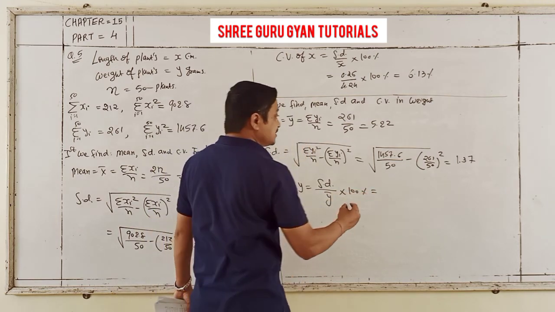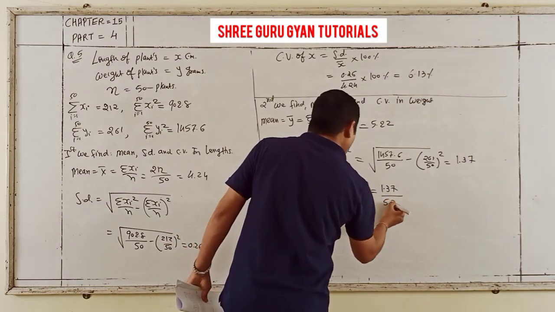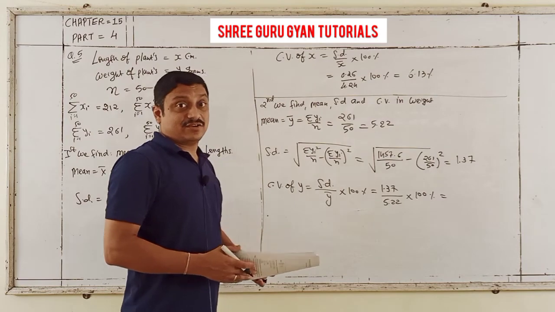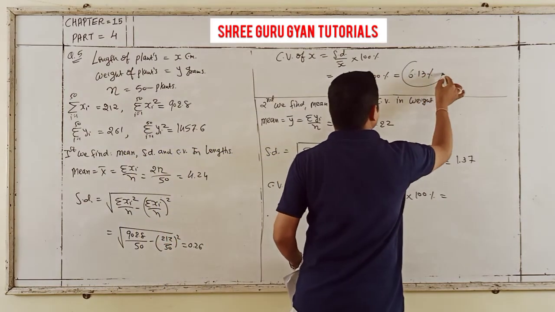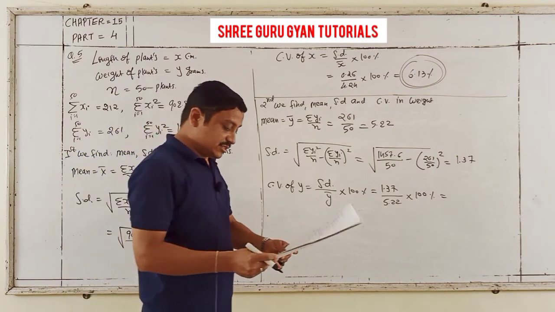So my SD is 1.37, y bar is 5.22, into 100%, and you can check it with the calculator, students.